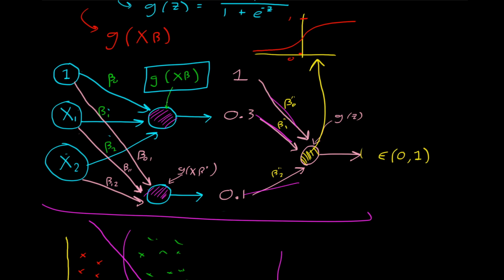If you try doing this with just the identity function as your g of z, it wouldn't work, because you could prove this on the back of an envelope: any linear combination of linear combinations is a linear combination.